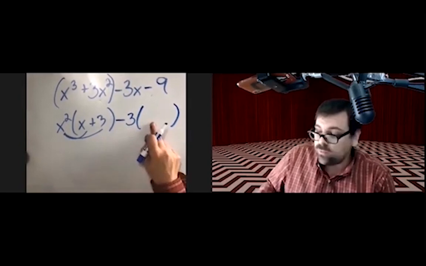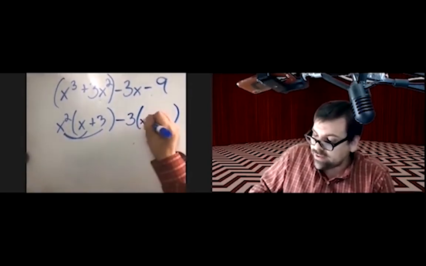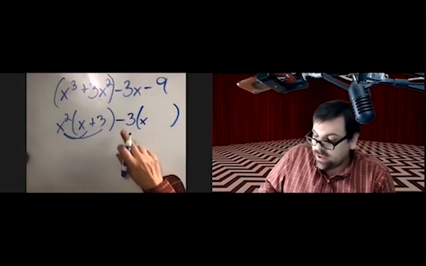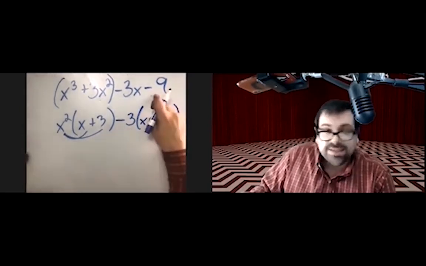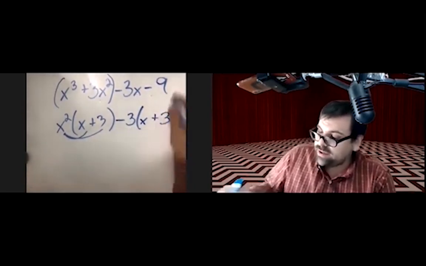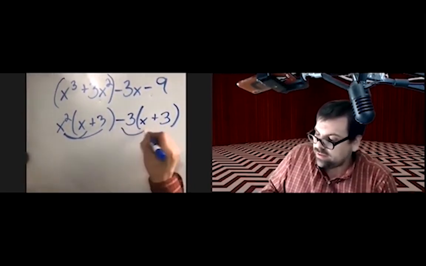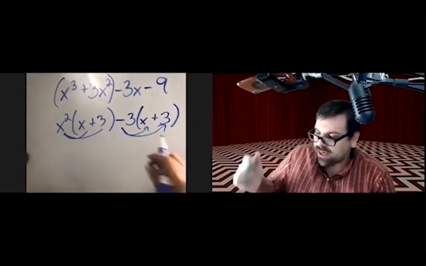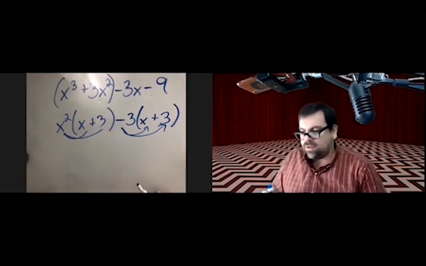Again, be careful with the signs. Negative 3 times what is negative 3x? Negative 3 times x. Negative 3 times what is negative 9? Negative 3 times positive 3 is negative 9. Negative 3x minus 9. Good.